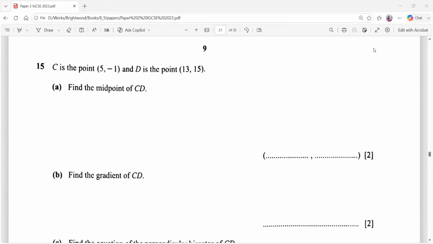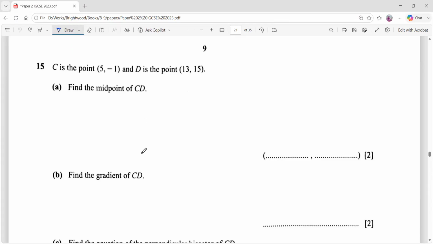C is the point (5, -1) and D is the point (13, 15). Find the midpoint. If you are given two coordinates, how do you find the midpoint?